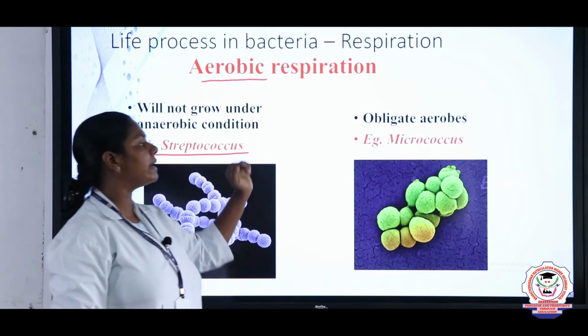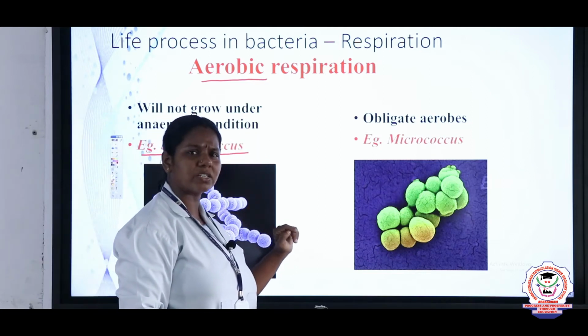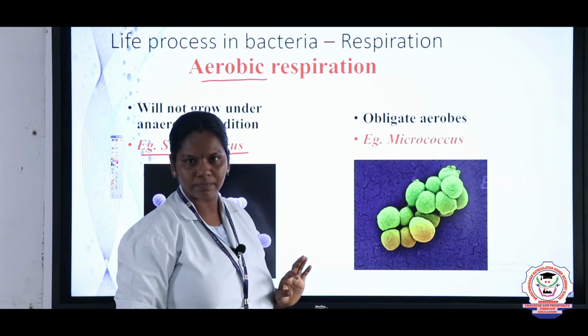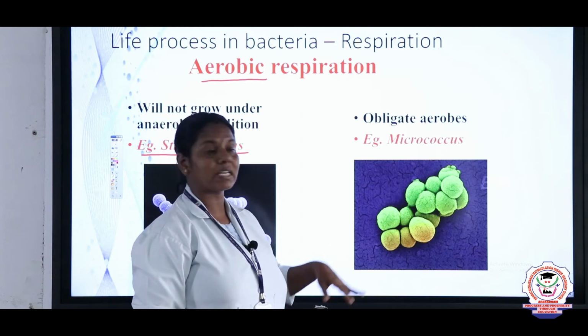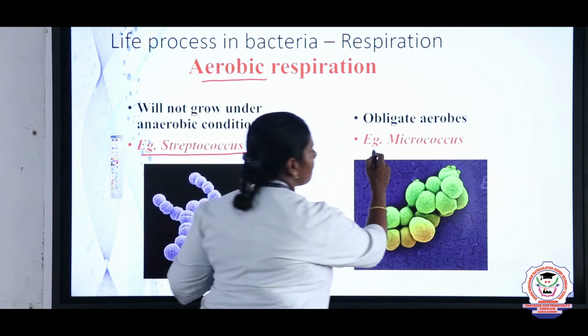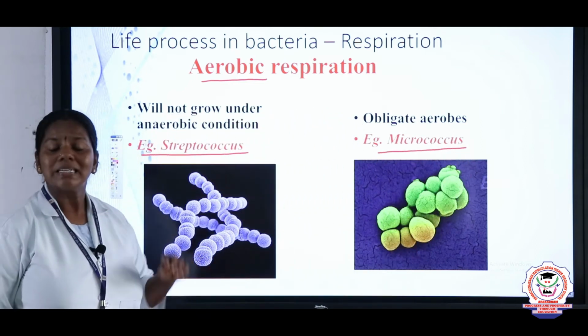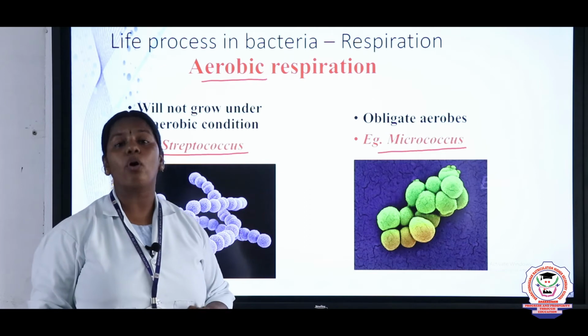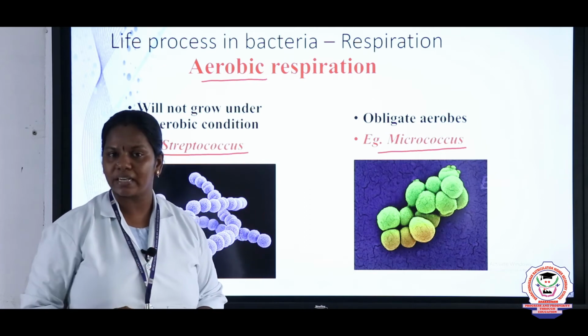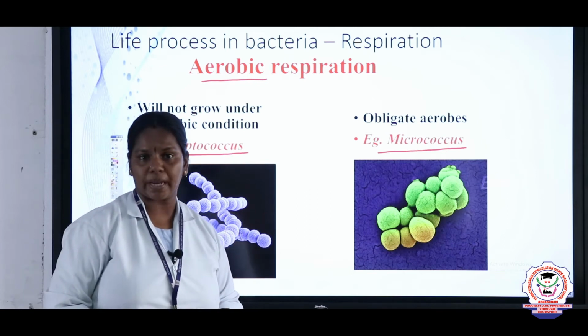And obligate aerobes. What do you mean by obligate, children? They cannot survive without oxygen, right? Such organisms we call obligate. Example, Micrococcus. Take a notebook, children, write out the scientific name of all the bacterium involved in this. From this important questions may come.